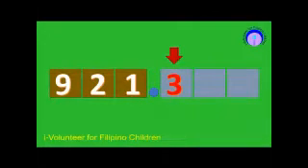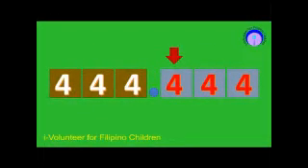The next number is 921 and 3/10. Digit 3 is in the tenths place. The next number is 444 and 444 thousandths. Digit 4 is in the tenths place.